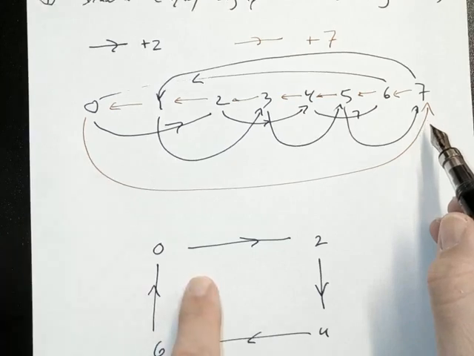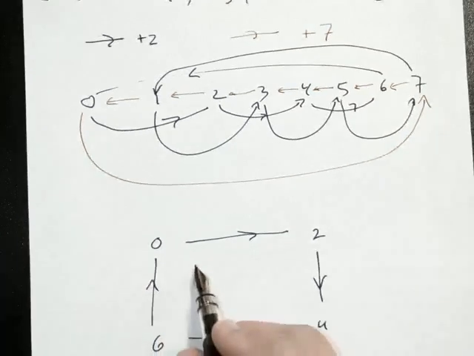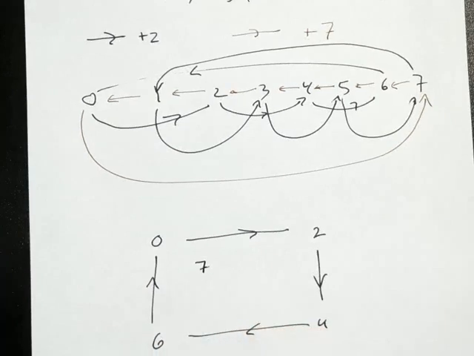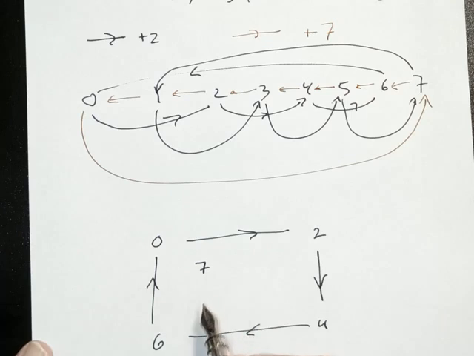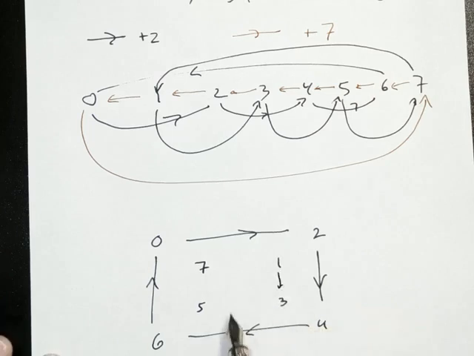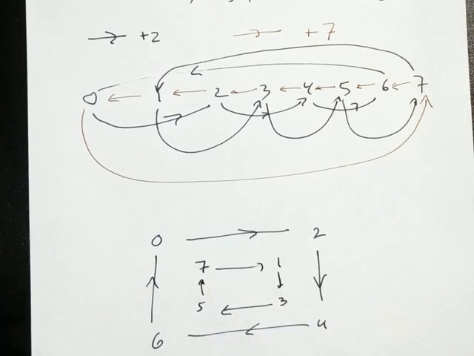So instead of putting 1 here, I'm going to put 7 here. And then I'll make it look like that. Again, my arrows in black go like that, rotating clockwise around this group.